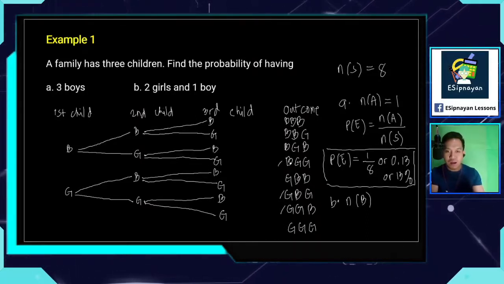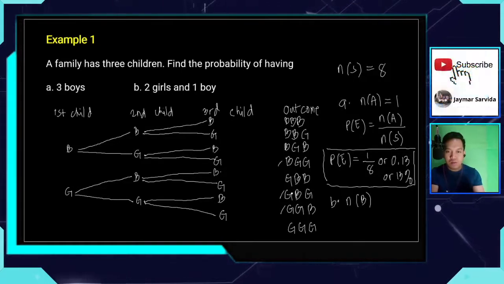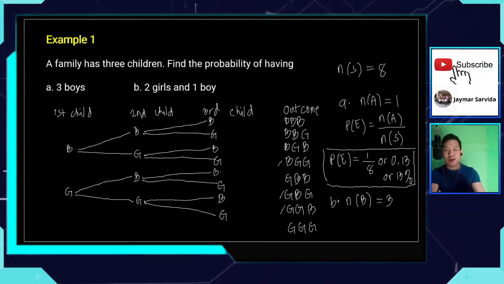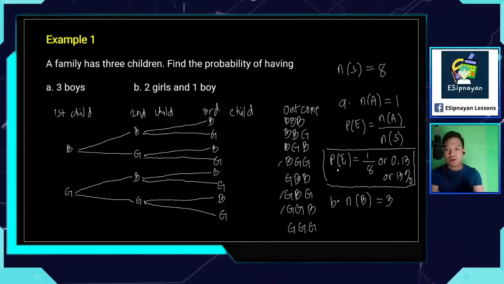Okay, 1, 2, 3. 3 lang yung ating favorable outcome sa event B, having 2 girls and 1 boy.